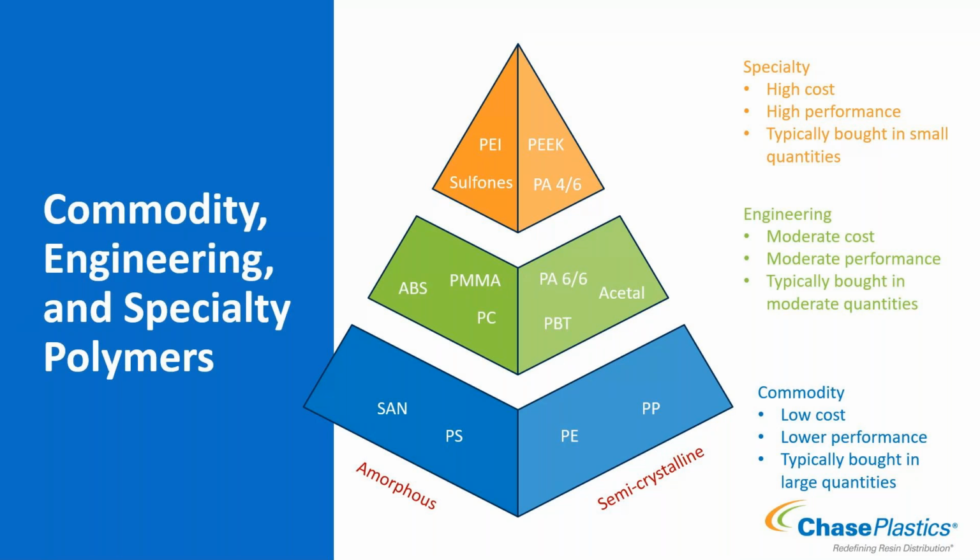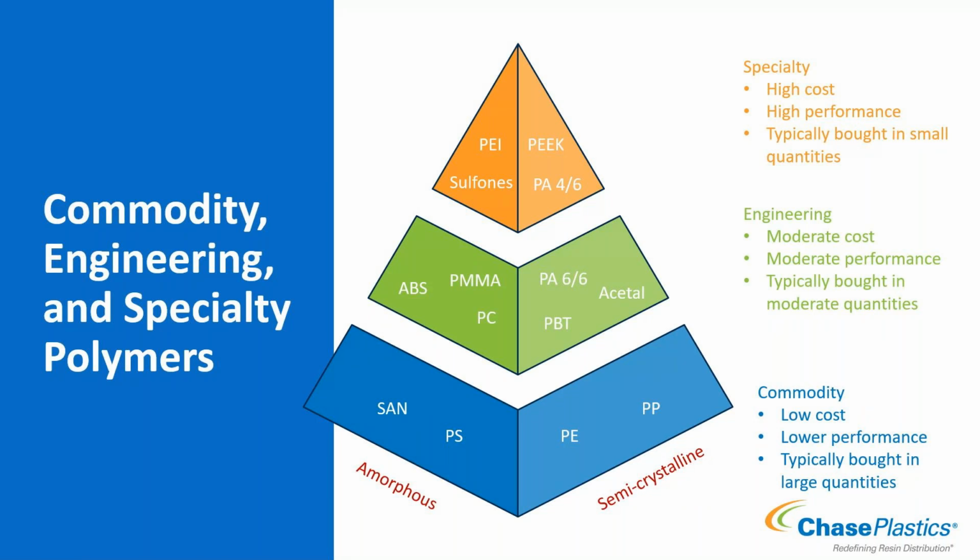They're clear, high temperature, amorphous materials, good chemical resistance, which is a little different than your standard amorphous materials, but highly specialized for the types of applications they can be used in. They're typically high cost. We're talking 10, 20 upwards for some of these materials, dollars per pound, really high performance. Certain design features or certain performance features these materials offer that are super unique to what they do.